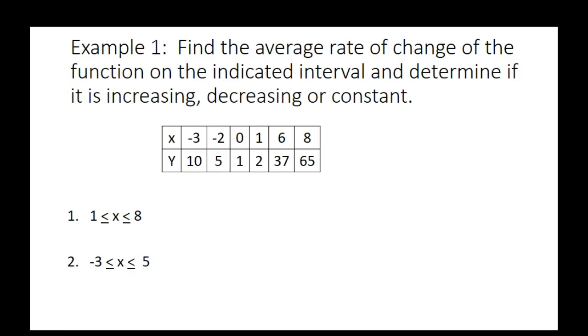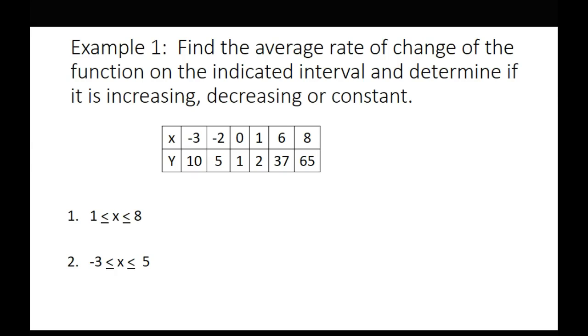All right, so let's go ahead and do one of these here. It says, find the average rate of change of the function on the indicated interval and determine if it is increasing, decreasing, or constant. So here's my function, right? And here is my interval. We're going from 1 to 8. Are those x numbers or y numbers, you guys?